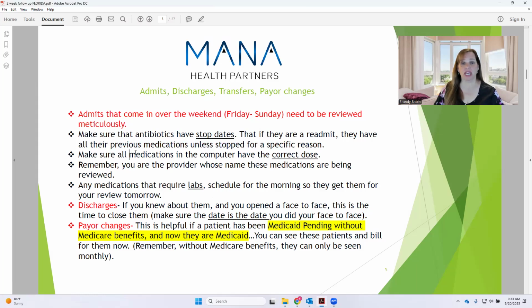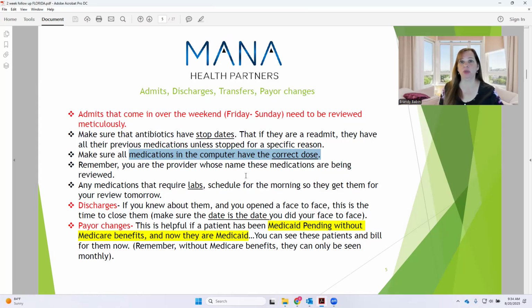Make sure all medications in the computer have the correct dose. So I think if you look for Remeron in the computer, it'll give you a 15, a 30, and a 45 dose. But if you look at mirtazapine, it will give you a 7.5, a 15 dose.